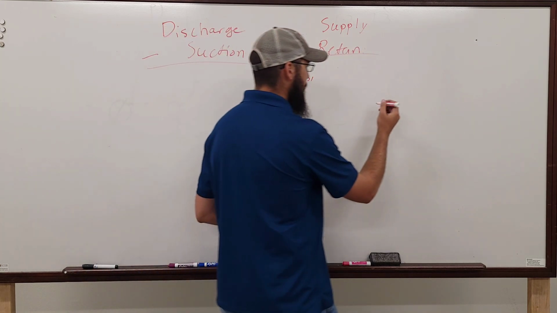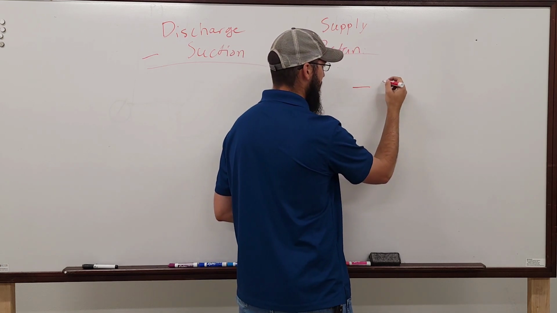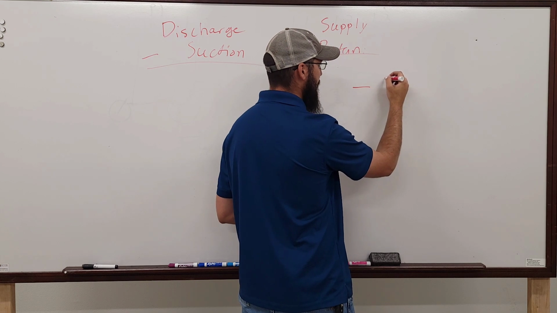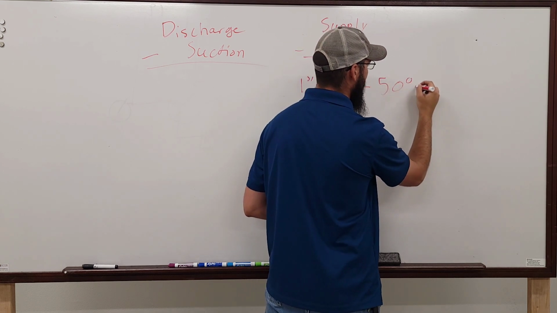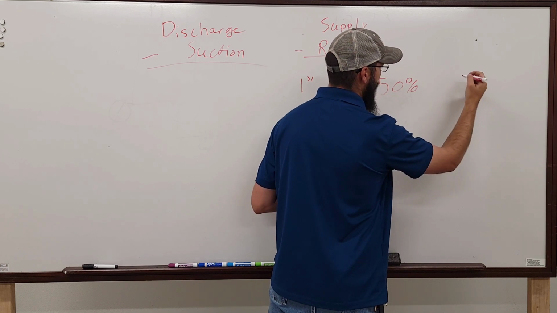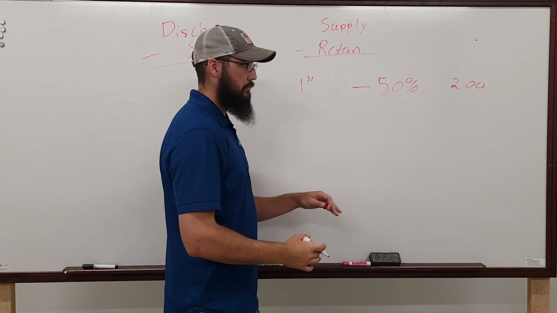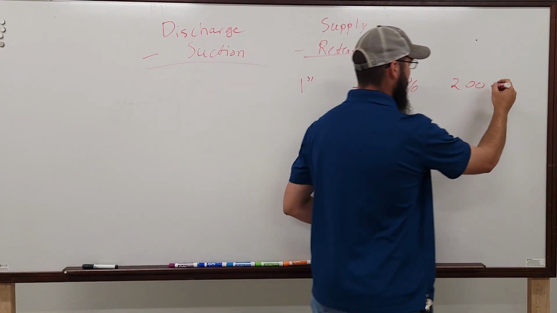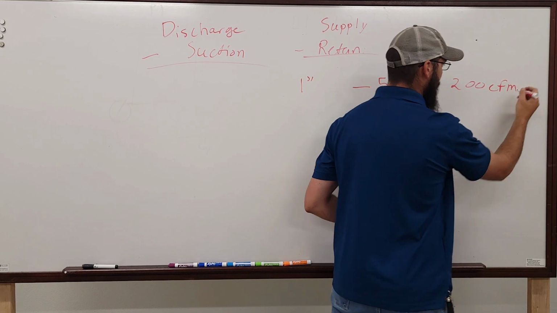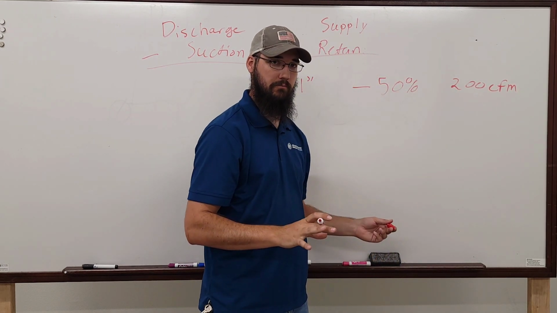Let's just say a VAV receiving 1 inch of static is able to maintain the damper at 50% at 200 CFM, okay? It's being told by the automation, you need to do 200 CFM to satisfy this room, period.